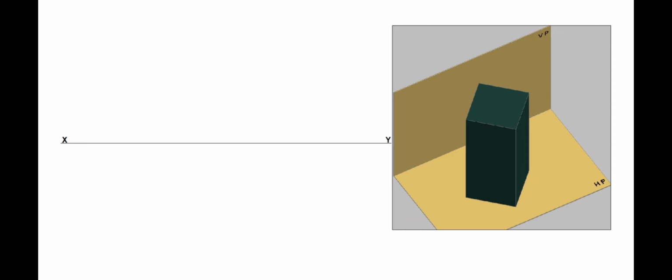After drawing the XY line, draw a square below the XY line, with its sides 45 degrees inclined to the XY line, and each side is 30 mm. Name the corners as 1, 2, 3 and 4. Now, project all these corners above the XY line.